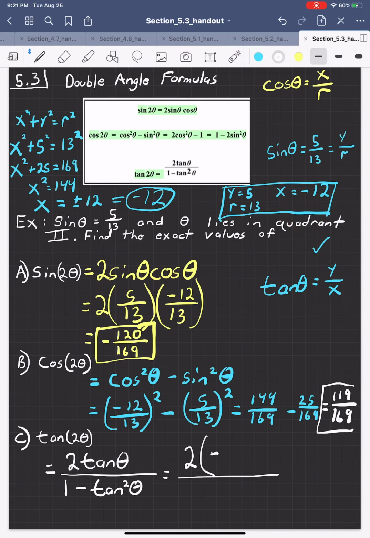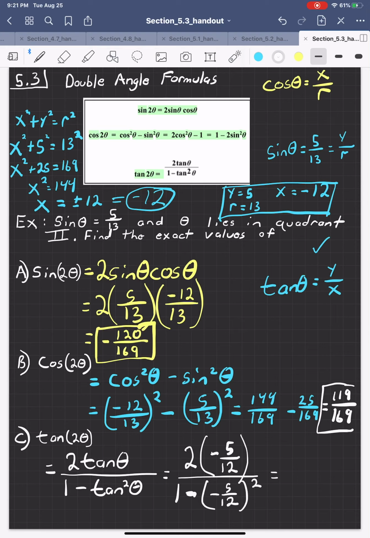So 2 times negative 5/12. All right, that's in the numerator, and let's see what goes in our denominator. So that's 1 minus tan squared, so that's 1 minus, well, if tan is negative 5/12, then tan squared is just negative 5/12 squared.